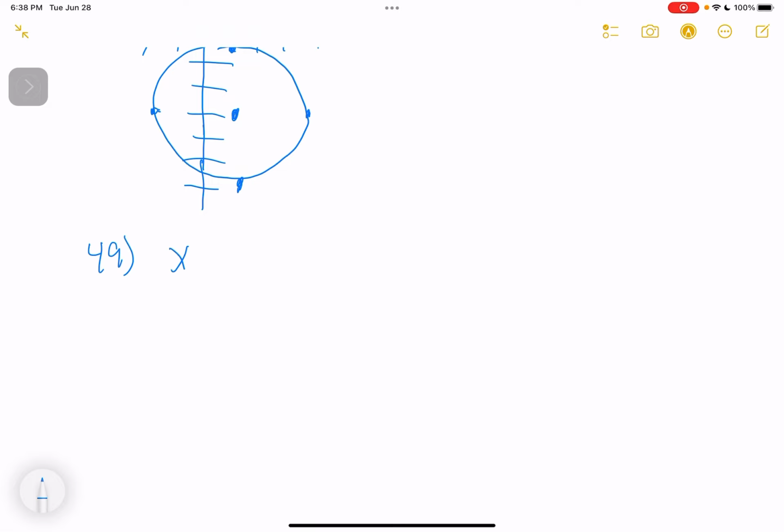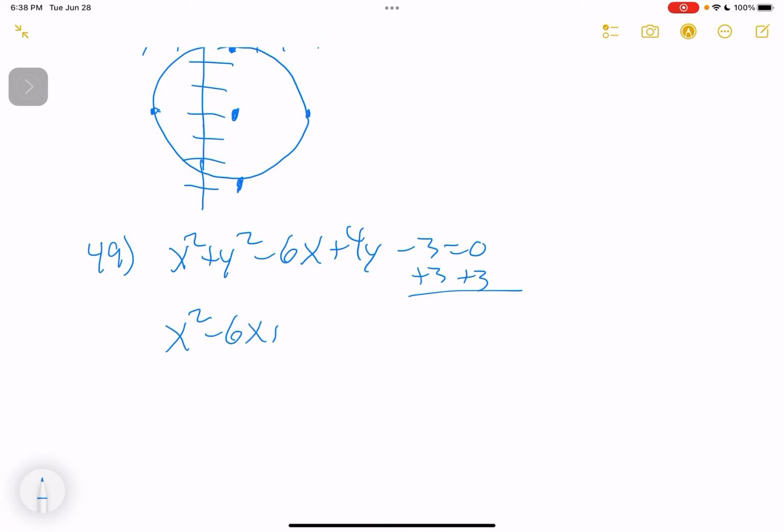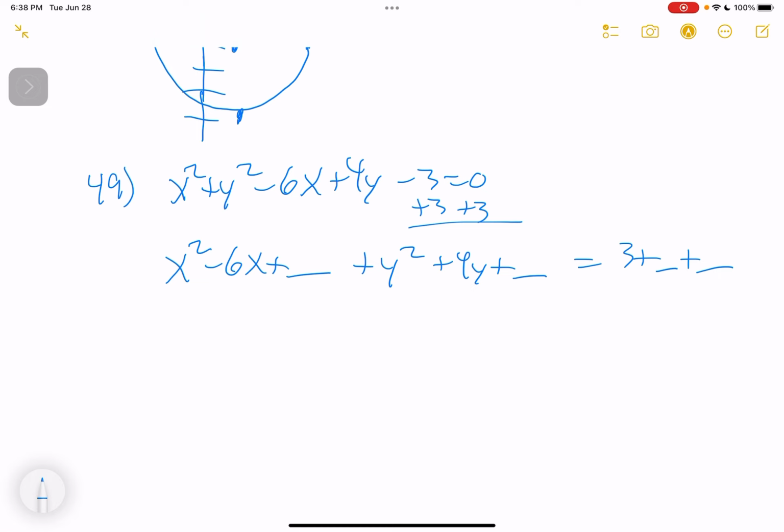We have x squared plus y squared minus 6x plus 4y minus 3 equals 0. So we'll add the 3 to both sides. We have x squared minus 6x plus blank plus y squared plus 4y plus blank equals 3 plus blank plus blank. This time I'm not going to go through as many steps, but still negative 6 divided by 2 is negative 3. Negative 3 squared is 9, so I'm going to put that up here and there.